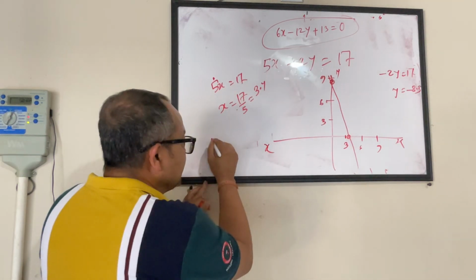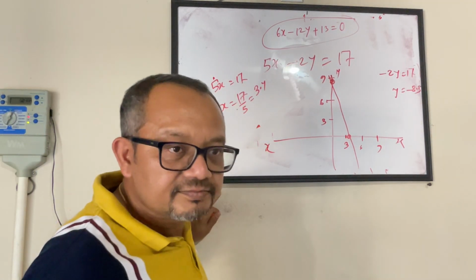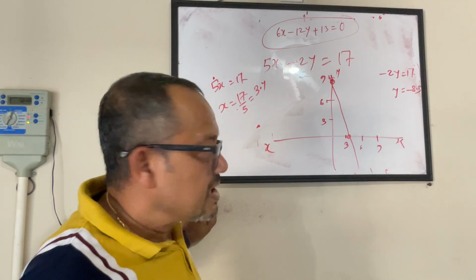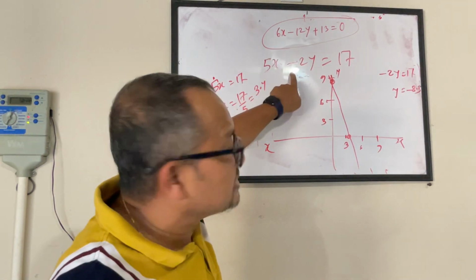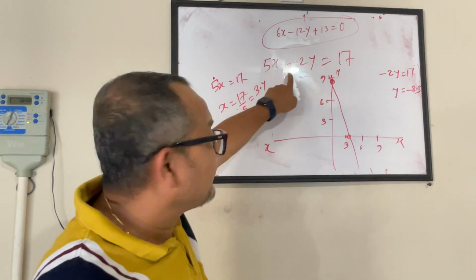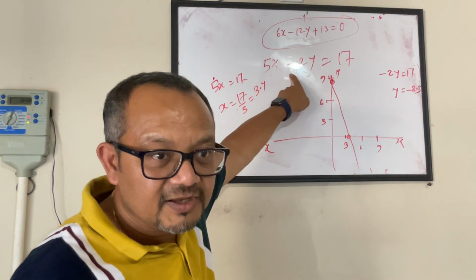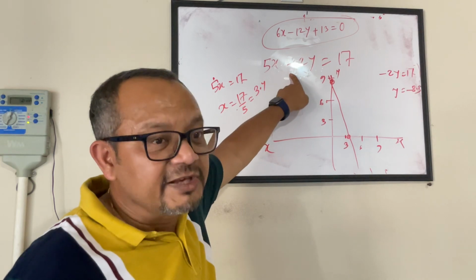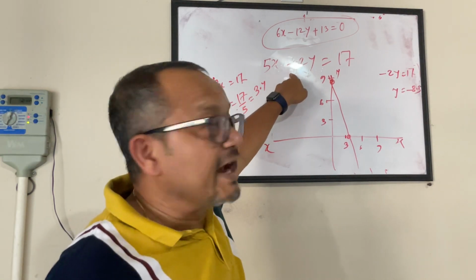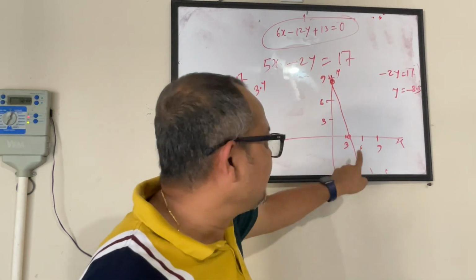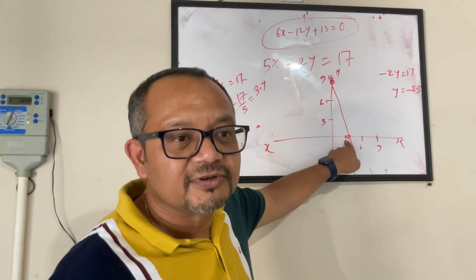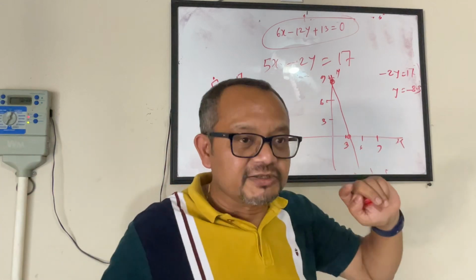I need 2 points. And those 2 points, if I am claiming that they are lying on this line, then they will also satisfy this condition. So I am saying my 2 points are such that one is hitting the y-axis where the x value is 0, and second is hitting the x-axis where the y value is 0. That is how I am finding 2 points.